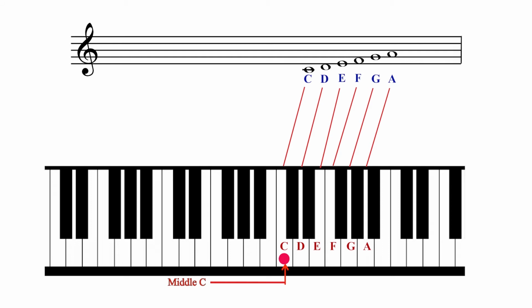Finally, the white key to the right of three black keys is B. That is the white key after three black keys. That's B, and it's the third line of the treble staff. The C to the left of the following two black keys completes the octave and corresponds to the third space of the treble staff.